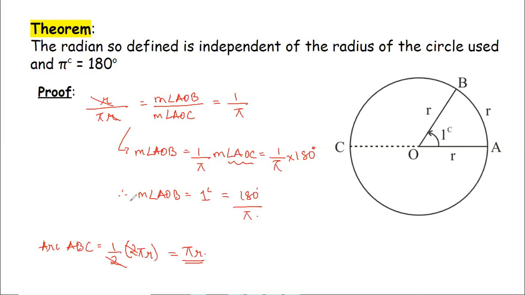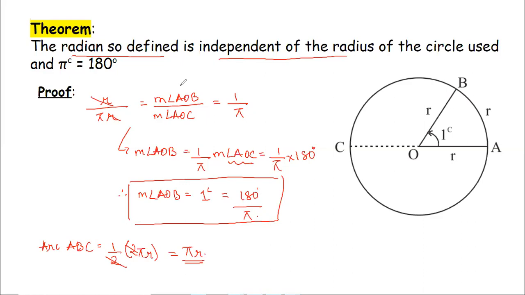This statement proves both of our requirements. First requirement: the radian so defined. 1 radian, given here in the boxed part, is independent of the radius. It depends only on 180 degree and pi, so it's a constant for any circle used.